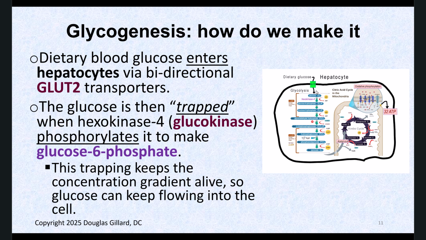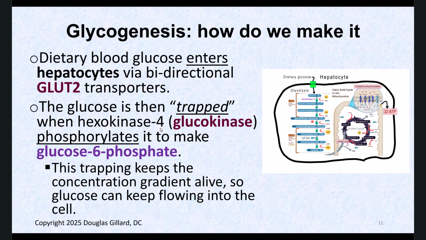And now we would have a problem, because if we move glucose in here, pretty soon the amount of glucose here will be the same as the glucose out in the interstitium. So what we need to do is trap it, and I've talked about this before. In hepatocytes, or liver cells, we have hexokinase 4.